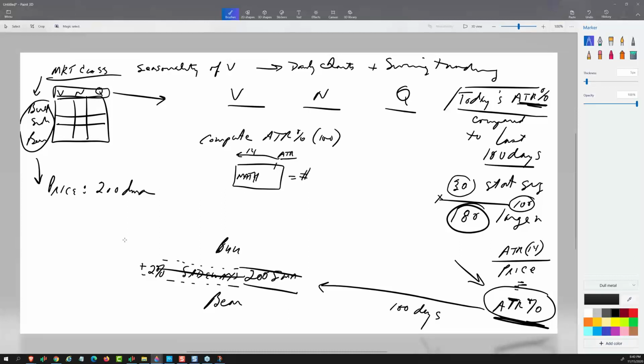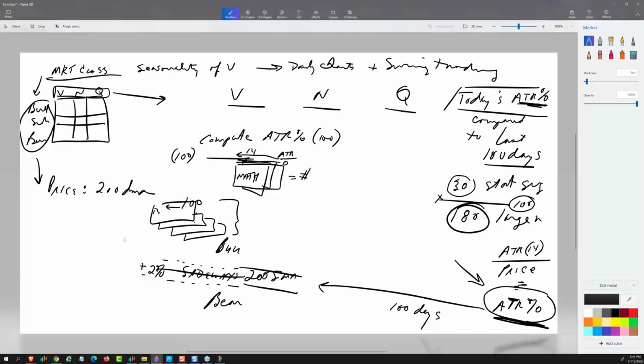So for today, at day 0, I had to go back 14 days. So now if I want to compute the last 100 days of ATR percentage, I have to go back a day and 14 days. I'm going back 100 days plus the previous 13 days in order to come up with the ATR percentage of what it was 100 days ago, and then 99, and 98, and 97.